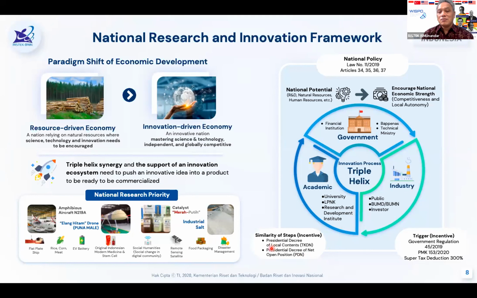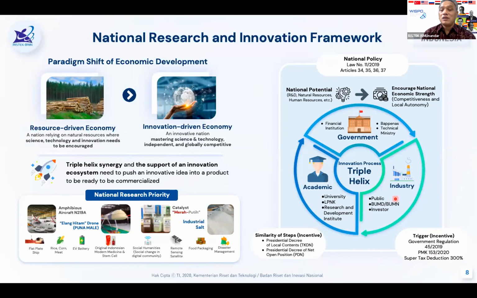In terms of policy, we have a national decree, for example, for local contents. Everything with high local content is highly recommended to be procured by the national ministries and local governments, for example. We also recently have a regulation on super tax deduction.